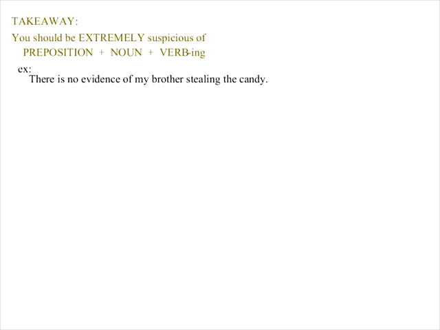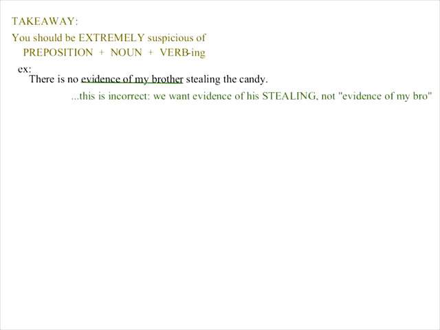We're looking for evidence of stealing. And so this is incorrect. Because this means evidence of my brother stole something. This is incorrect because we want evidence of his stealing, not evidence of my brother.